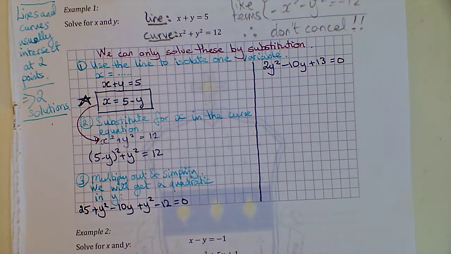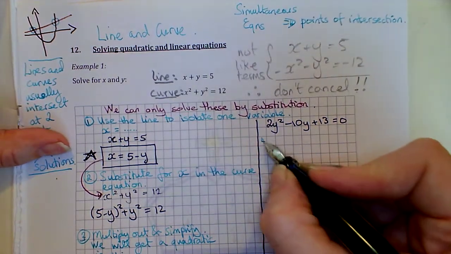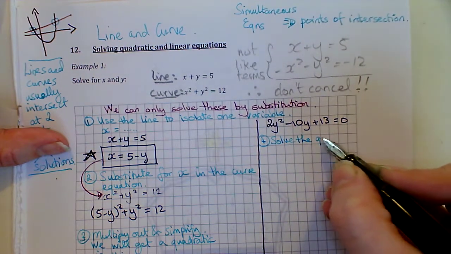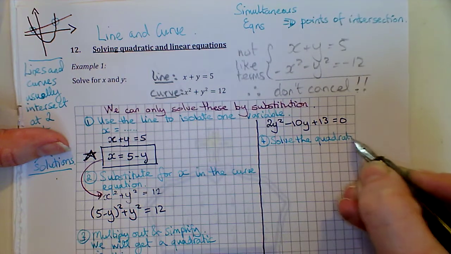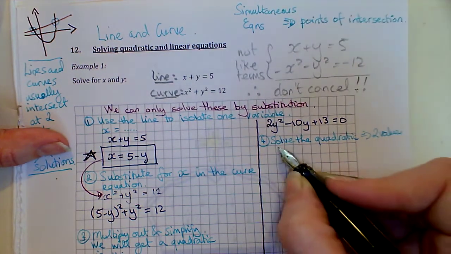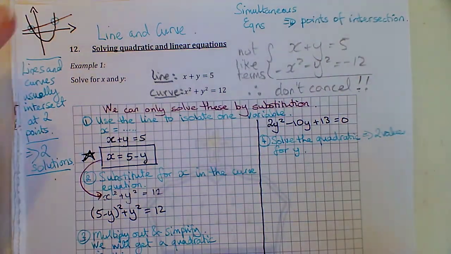Okay, then you solve that quadratic and you'll get two values for y. I'm going to use my minus b formula.